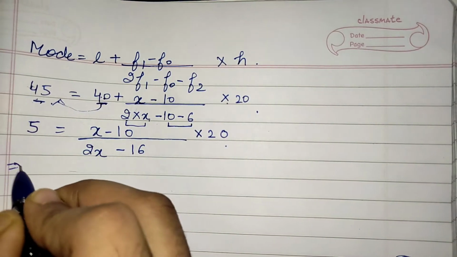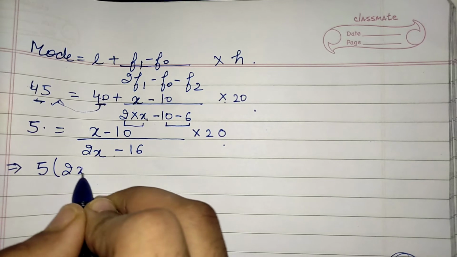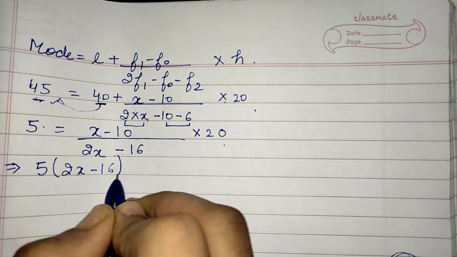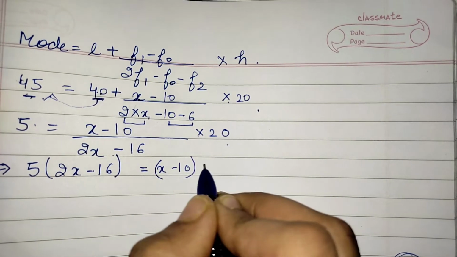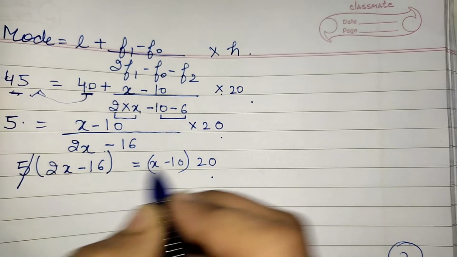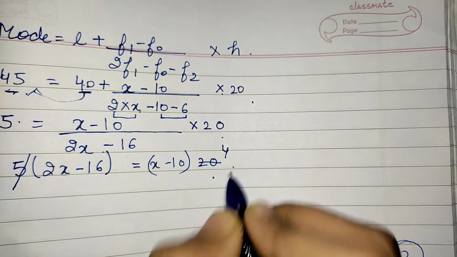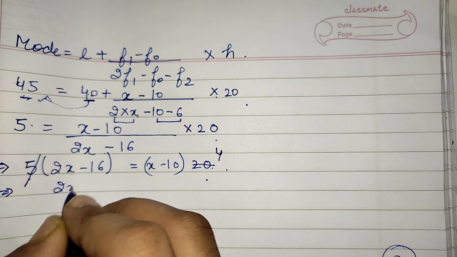Now we can take this 5 into (2x minus 16) this side, equal to (x minus 10) into 20. Right, so this 5 will cancel with 20 at the table of 4, 5 4s are 20. Now open the brackets.